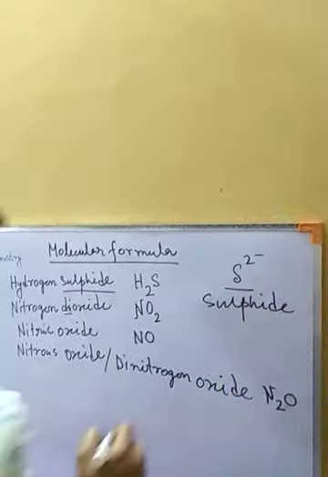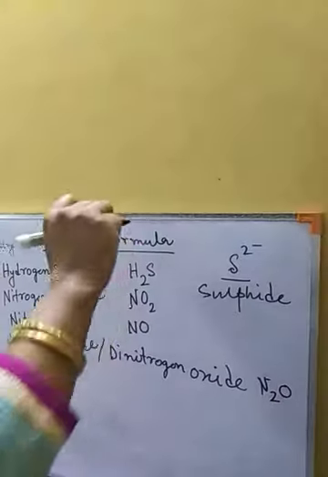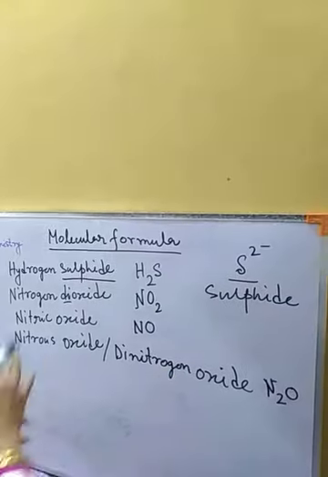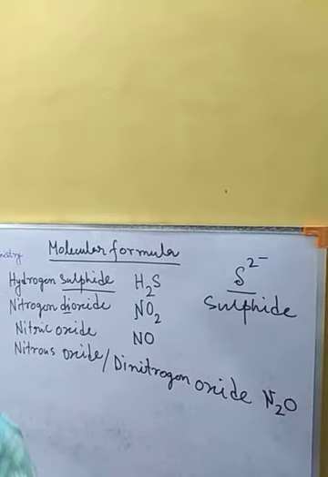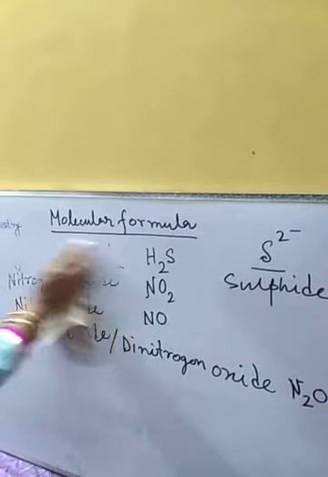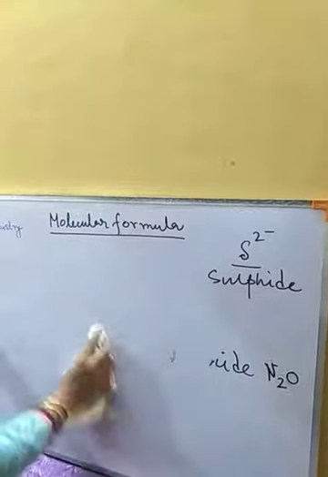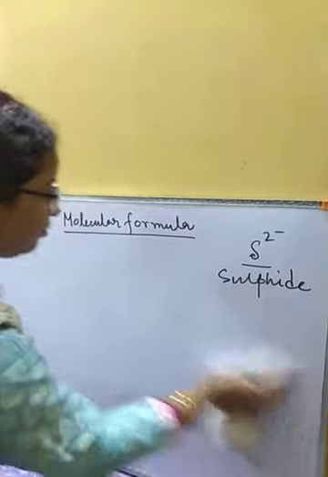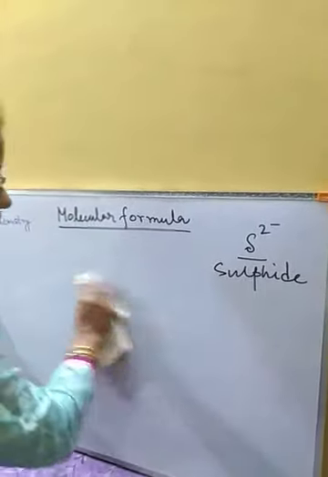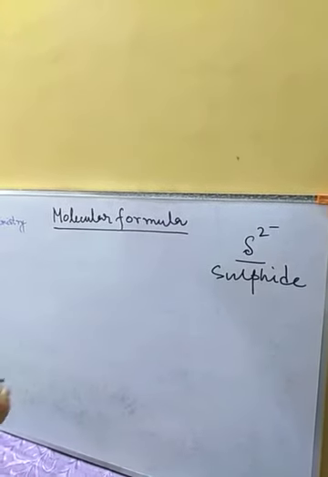You have not done this yet, but just to say, as only two are there, sulfide and oxide, let me tell you how to represent metal sulfides and metal oxides. As I have started with sulfide, let me finish the sulfides first.